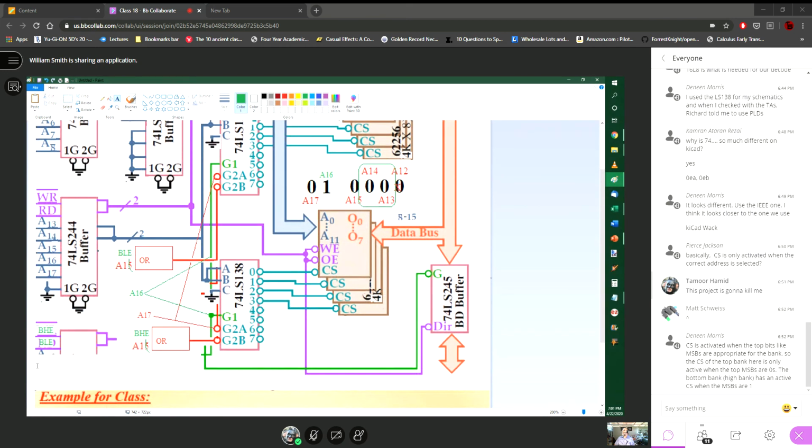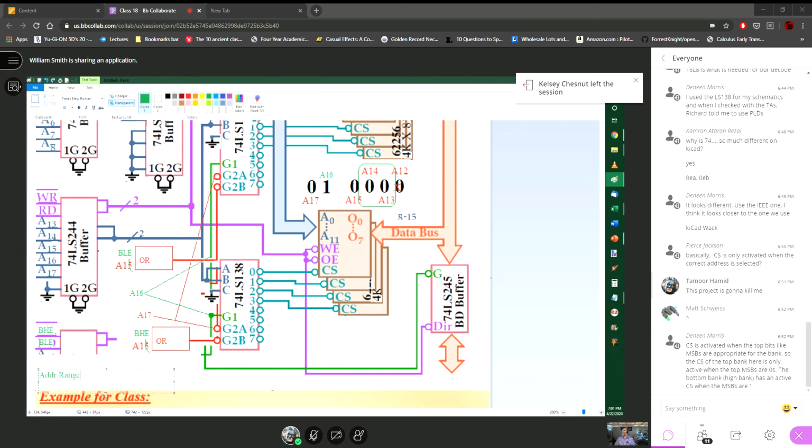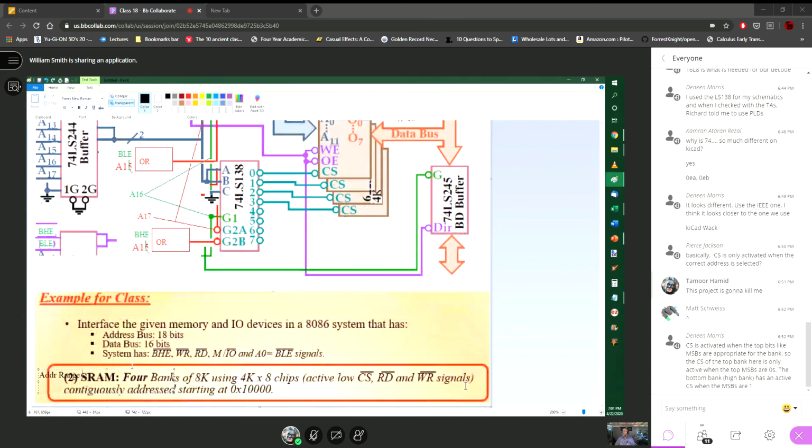Let's write that in. ADDR range. For this particular example, let's make it black text now rather than green. Address range is going to go from 0x.